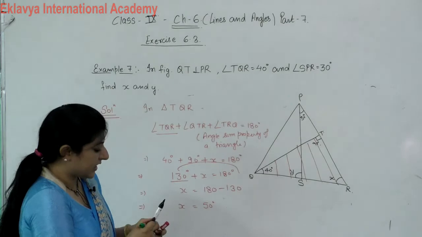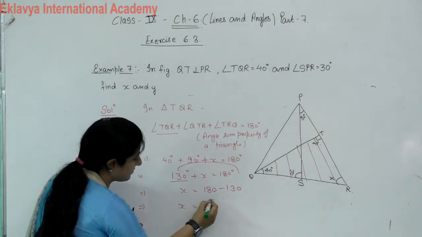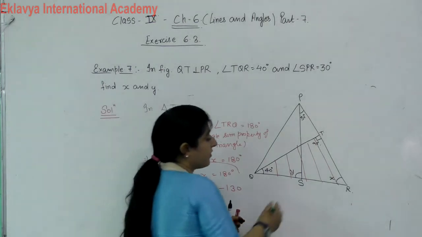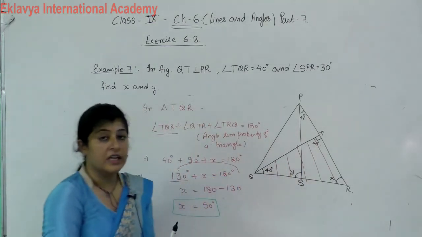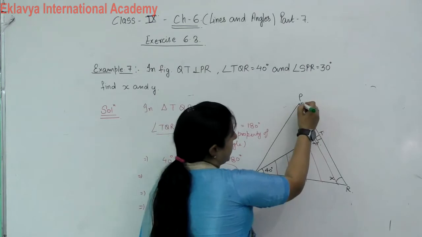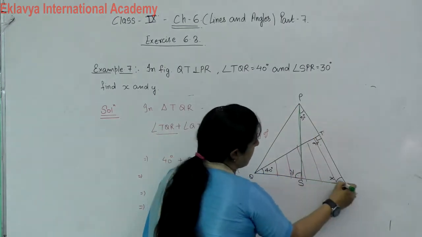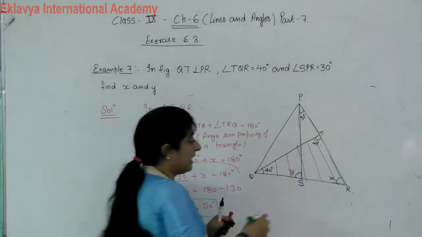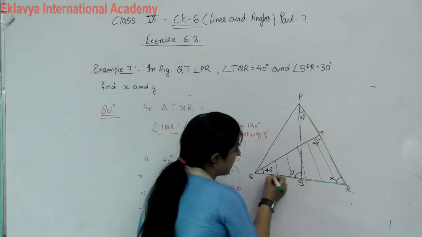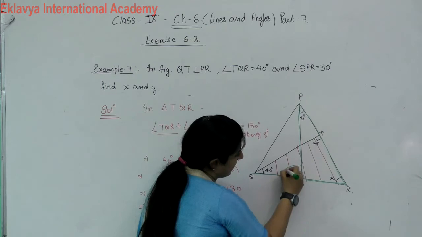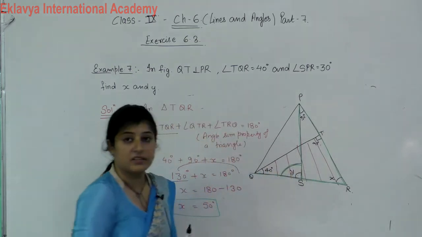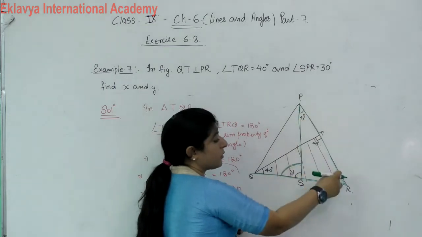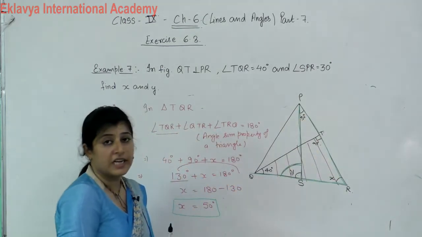Now see in this triangle, the first value is found. Now we want to find out the y value. See, PSR is also a triangle. If I produce the SR side to Q, then it becomes an exterior angle. Exterior angle is equal to the sum of the two interior opposite angles.